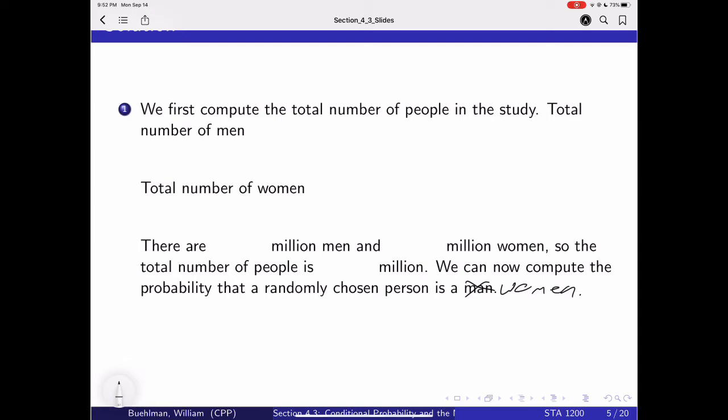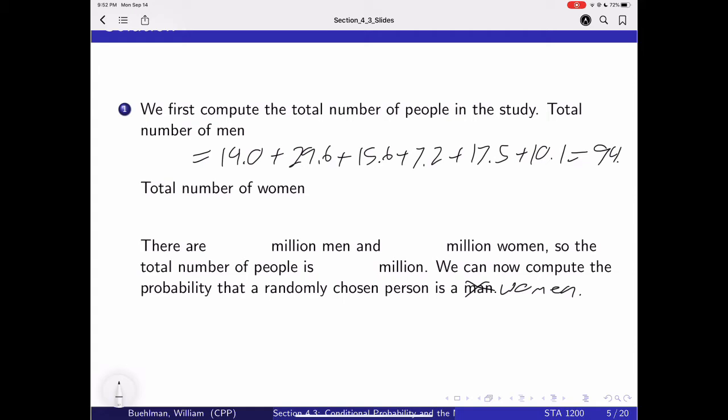So first, we're going to compute the men, which is equal to 14 plus 29.6 plus 15.6 plus 7.2 plus 17.5 plus 10.1, which equals 94 million.